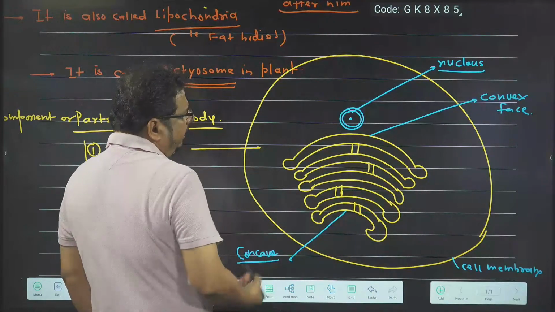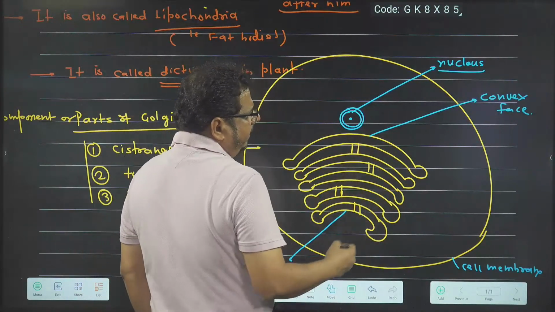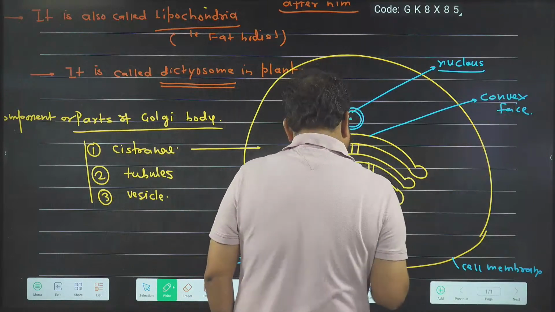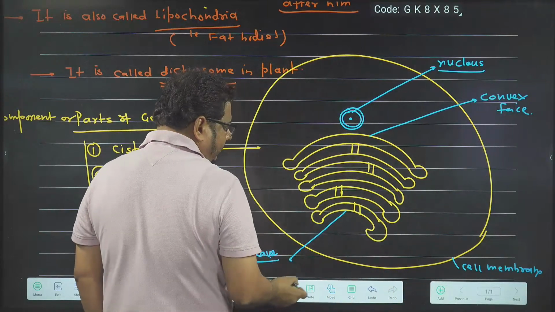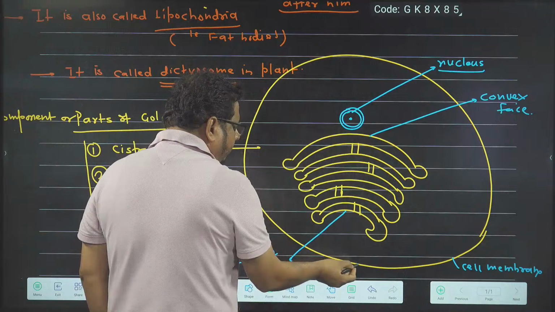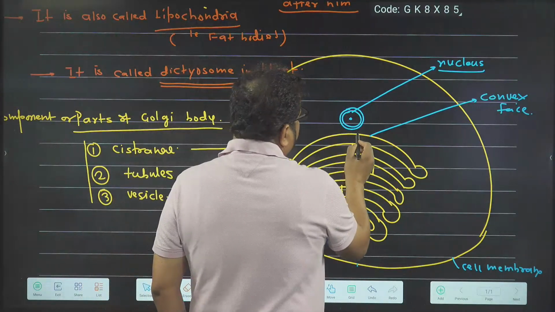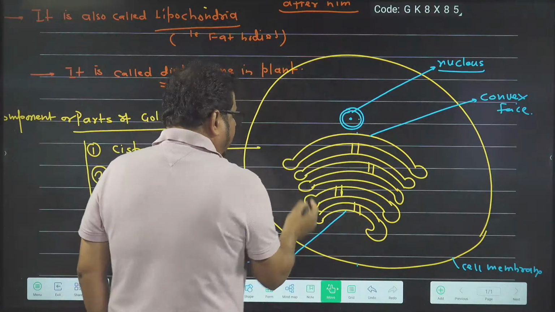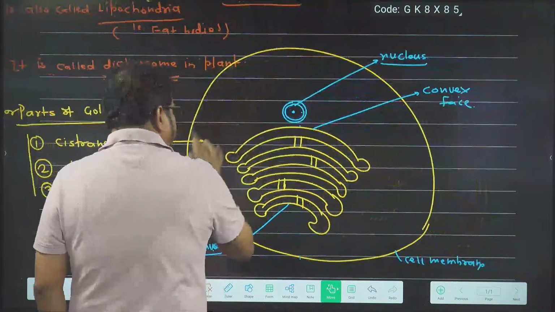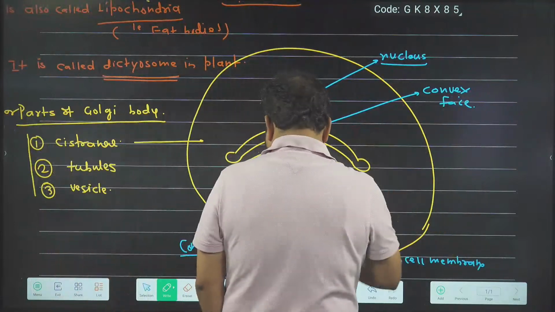Concave face is facing the plasma membrane and convex face is facing the nucleus.